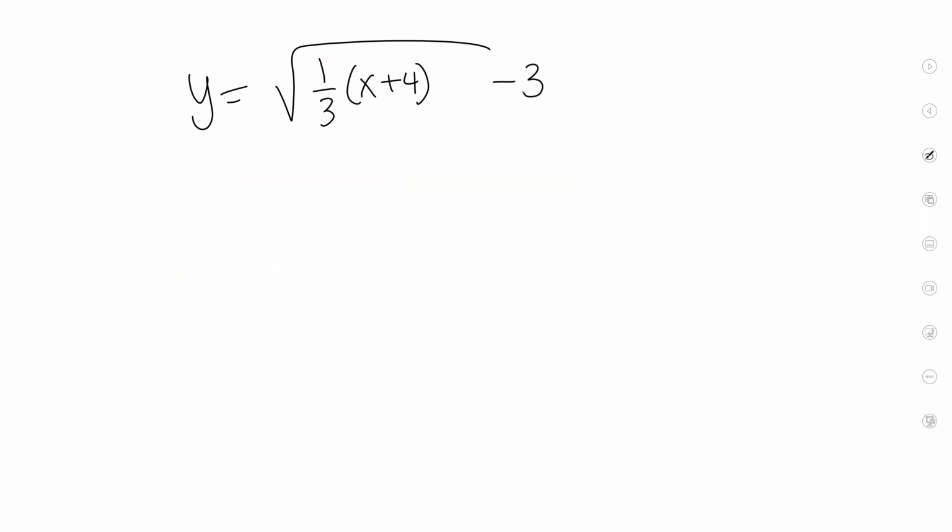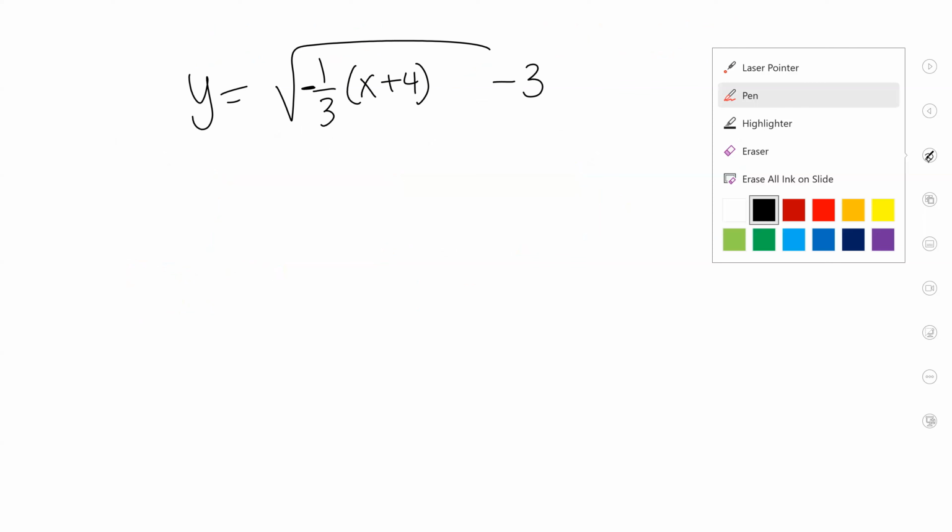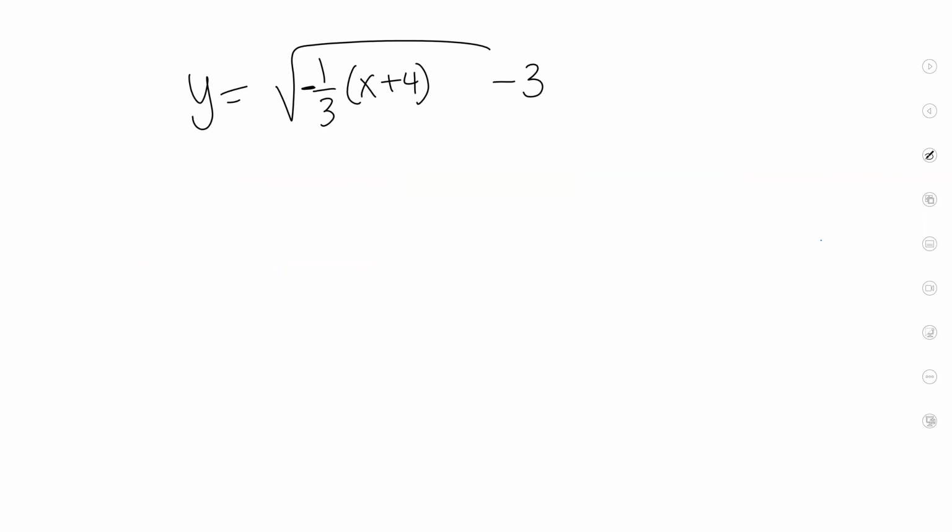So real quick, you can just shout out the answer. Let's say I have y equals 1/3 x plus 4 minus 3 with a negative. Okay, so guys, this negative in the front, what does that do? I heard it. Someone said it. Reflect across which axis? The y-axis. That's what the negative on the inside does. What does the 1/3 do?